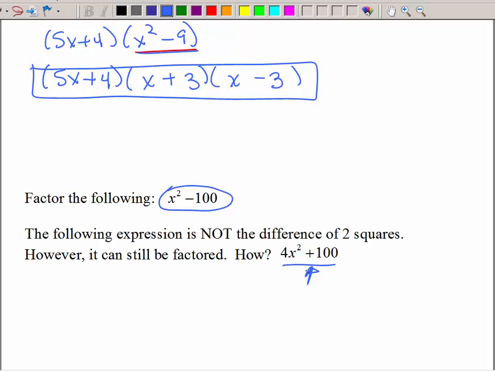Let me give you an example of something prime: something like x squared plus 5. That cannot be factored further. x squared minus 5, even though there's a minus sign, it's a difference, but 5 is not a perfect square. So primes are things that cannot be factored at all. But this one is not prime. I want you to figure out how you could factor it.